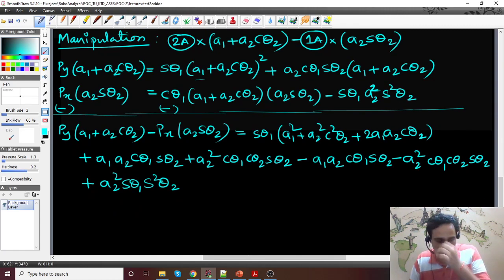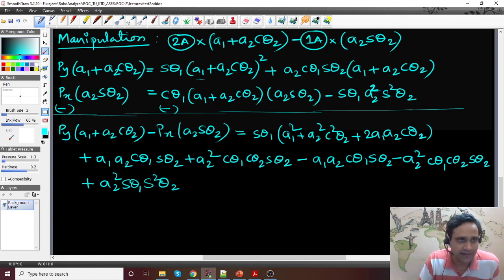Okay, now what do we have? We seem to have some similarities. Let's try to get rid of elements that get cancelled out. a1 a2 cos theta 1 sin theta 2, a1 a2 cos theta 1 sin theta 2, one is positive, one is negative, so this will get cancelled. a2 square cos theta 1 cos theta 2 sin theta 2, similarly a2 square cos theta 1 cos theta 2 sin theta 2, so these will also get cancelled.